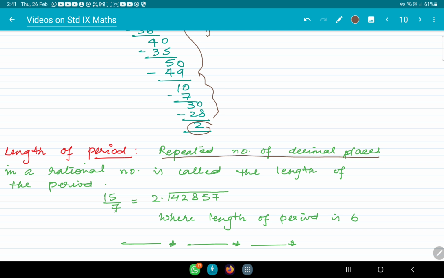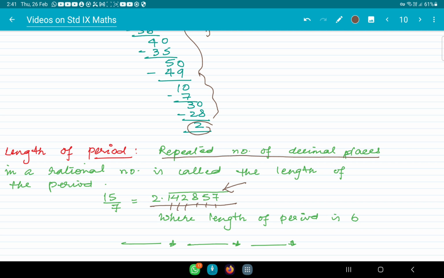So here we are saying that 15 by 7 is equal to 2.142857, and we have already seen that 142857 is repeating, so we made a bar over it. How many digits are repeating? 1, 2, 3, 4, 5, 6. Since six digits are repeating in this question, the length of the period will be 6.